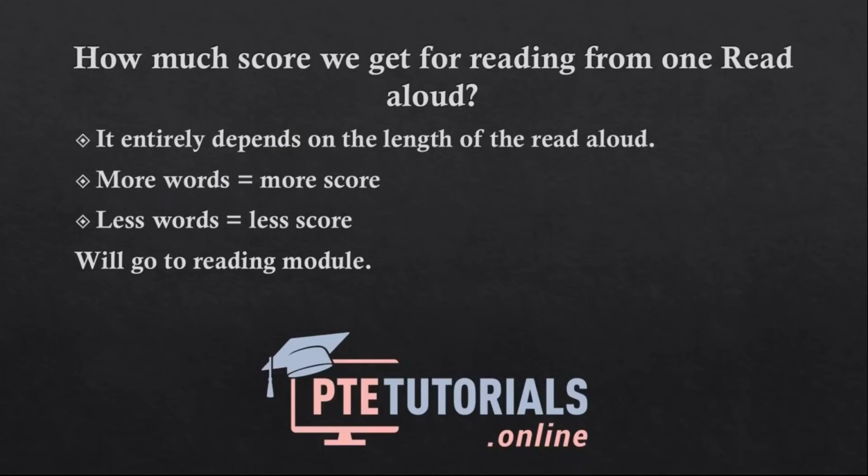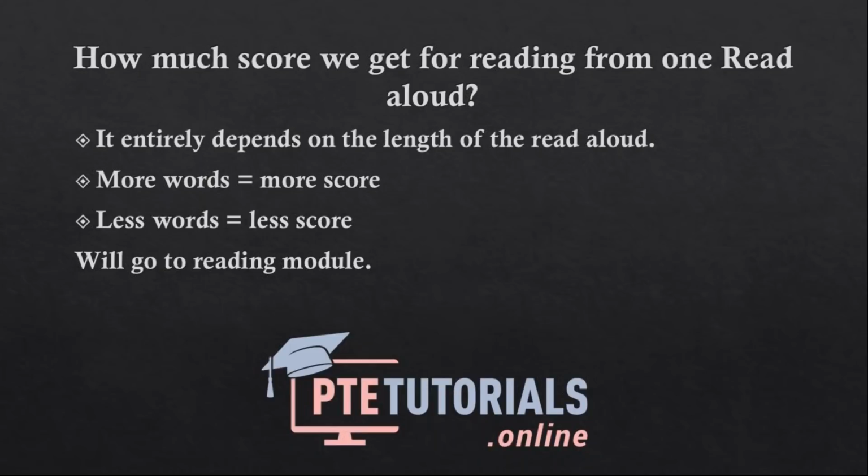If you have gotten easy paragraphs in read aloud, then at that time they will decrease the weight of those particular questions. Of course, difficulty level always plays an important role, even from the very first question of your paper till the end of the paper.